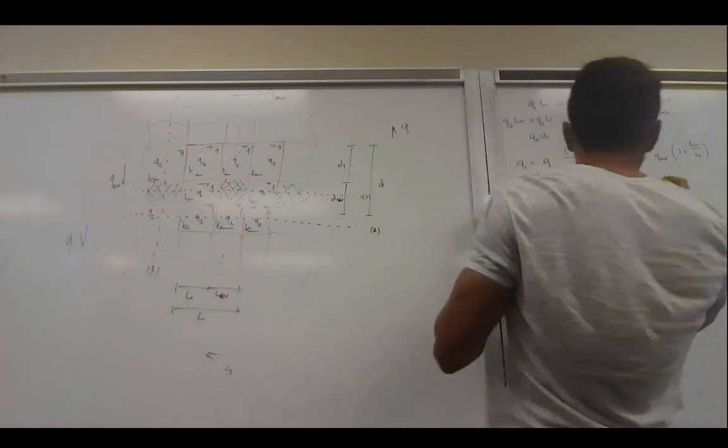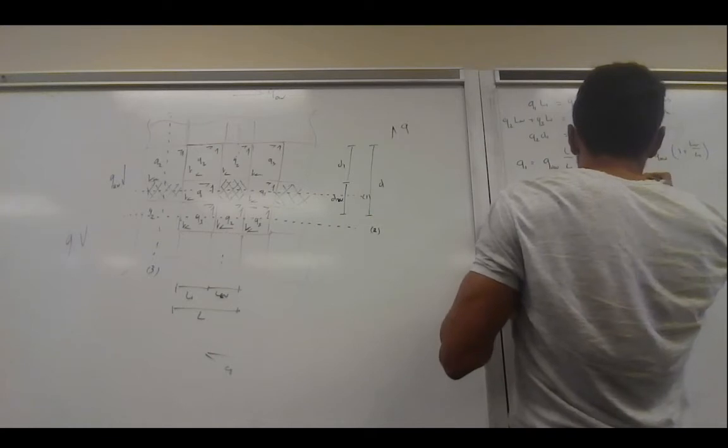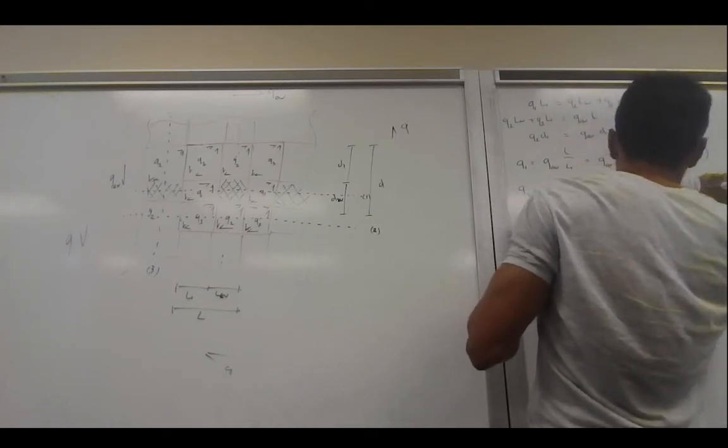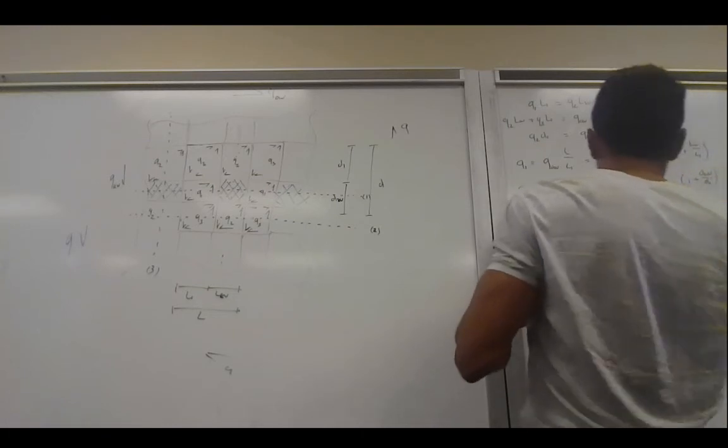You can rewrite this in a similar manner: Q average DW plus D1 over D1, which is Q average times 1 plus DW over D1.